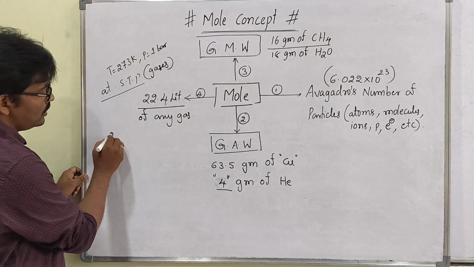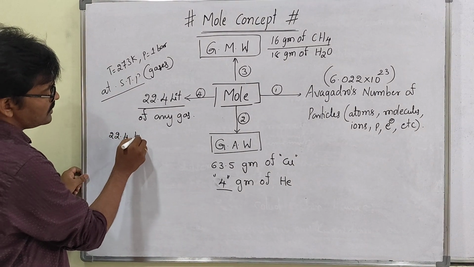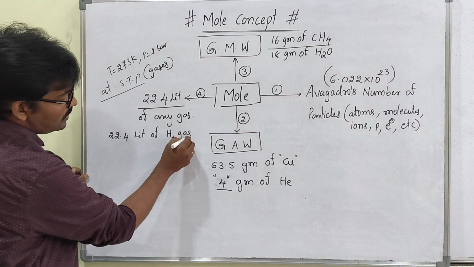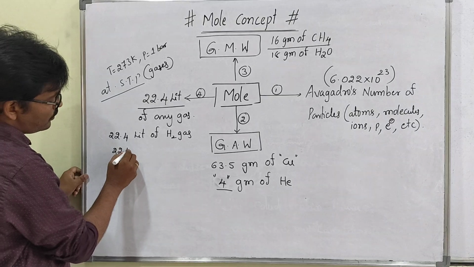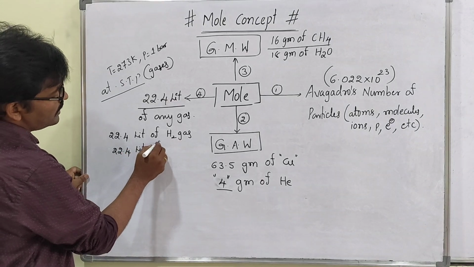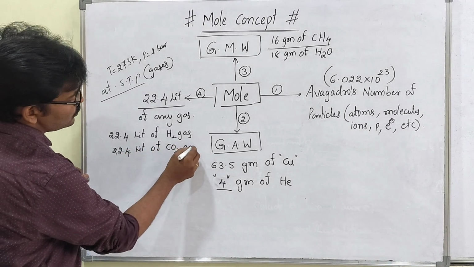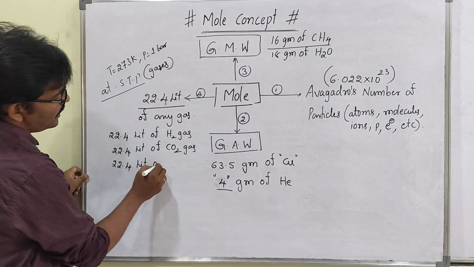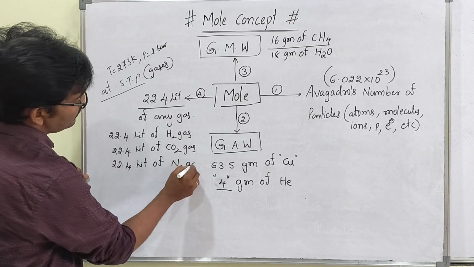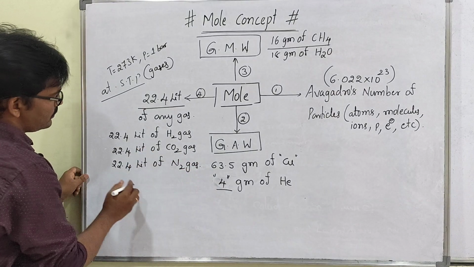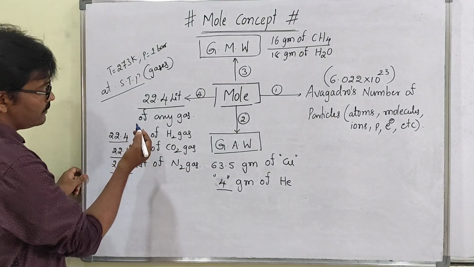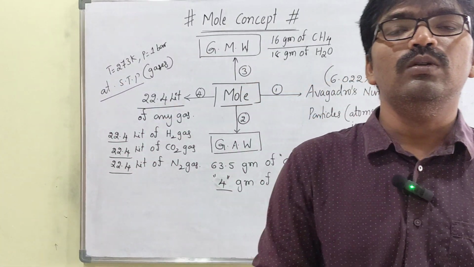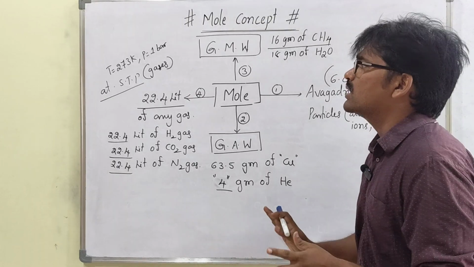For example, 22.4 liters of H2 gas is equal to 1 mole. 22.4 liters of CO2 gas is equal to 1 mole. 22.4 liters of nitrogen gas is equal to 1 mole. Whatever gas you take, 22.4 liters at STP conditions is equal to 1 mole. So this is actually the mole concept.